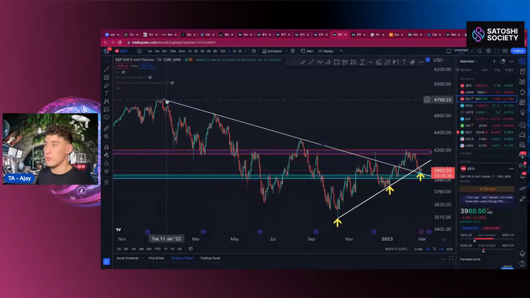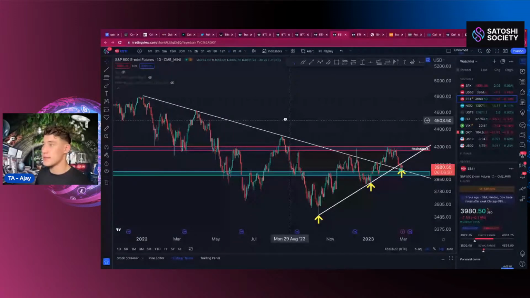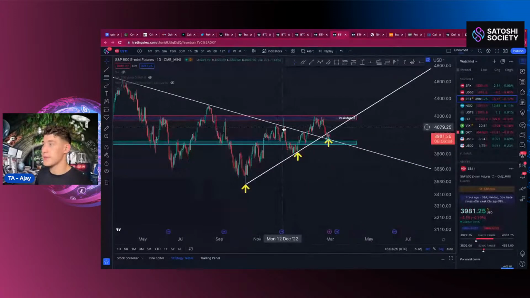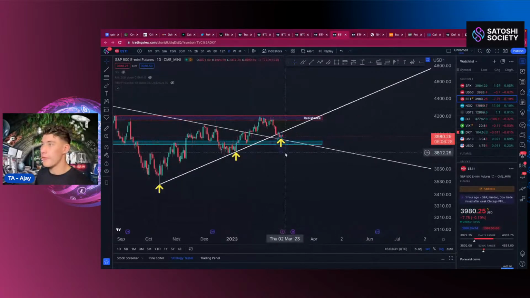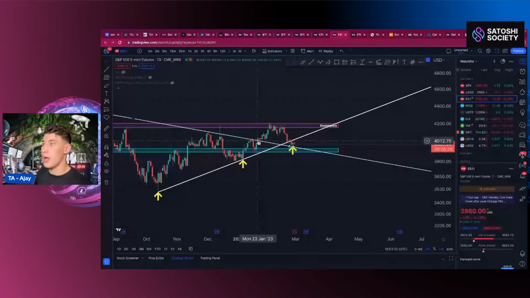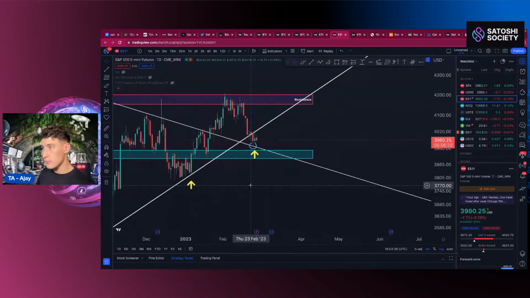We continued to get rejected from it, as you can see here. First test, second test, third test, fourth test, fifth test, sixth test. We tested it 6 times, getting rejected from it 6 times before we finally broke up. We broke above this downwards trending resistance level on the 23rd of Jan, 2023.